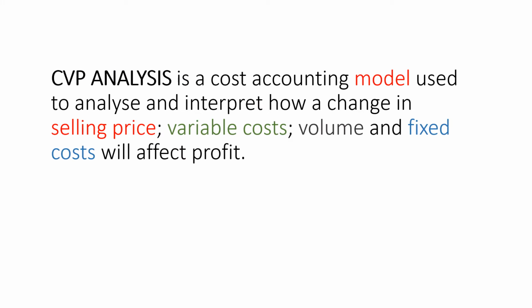Then CVP analysis is a cost accounting model used to analyze and interpret how change in selling price, variable costs, volume, and fixed costs will affect profit. Whether your profit is higher or lower is going to be influenced by these variables: selling price, variable cost, volume, and fixed cost, which means we have in total 4 variables. Selling price is number 1.